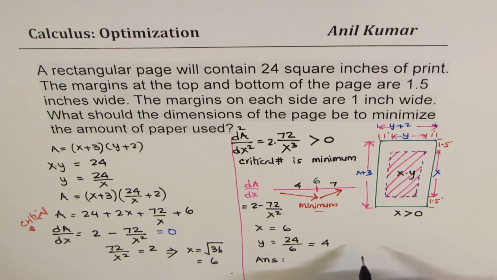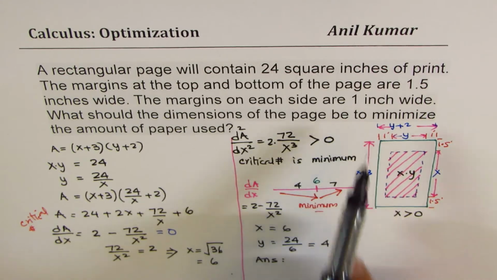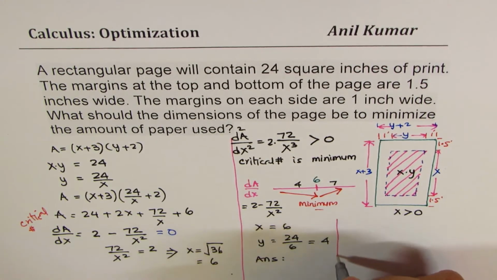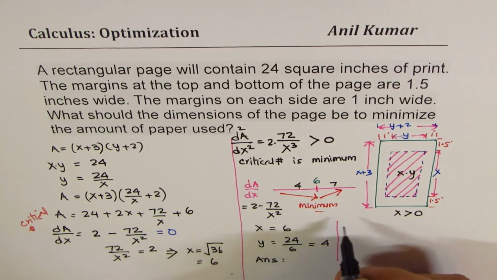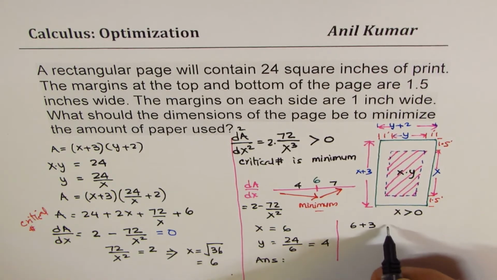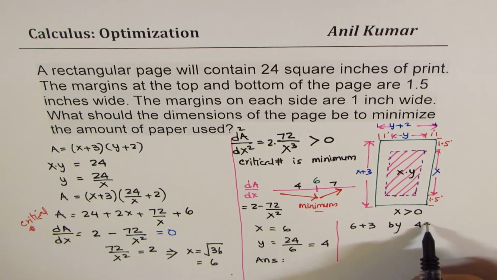that the dimensions of the paper. So what should the dimensions of the page be? So dimensions of the page is how much? Let me find dimensions of the page. That is the dimension of the page, right? So the dimension of the page is x plus 3, which is 6 plus 3, by y plus 2, which is 4 plus 2. Is it okay?